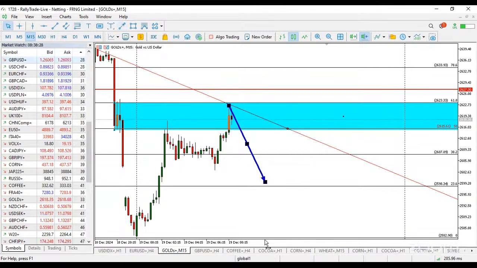Guys, are you getting value? I hope you're getting value. It should trade below this low. Once you trade below this low, that is a good place to start your sell. Even though it has entered my area of interest, entering a sell here is a high risk trade. Why?